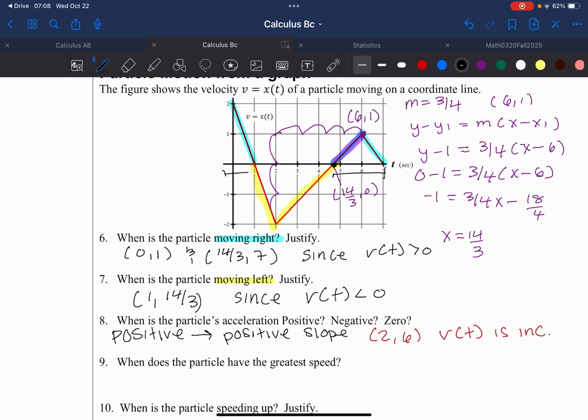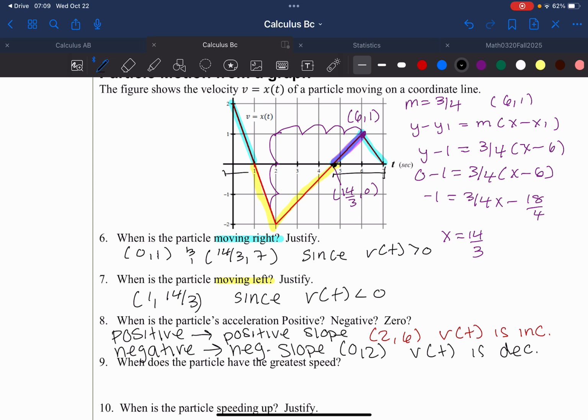Okay, now let's look at negative. Okay, negative is when we have a negative slope, and we have a negative slope from, let's see, 0 to 2. Okay, and 0 to 2 because v of t is decreasing.